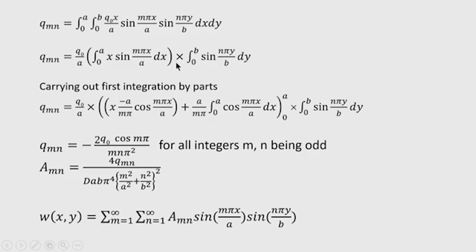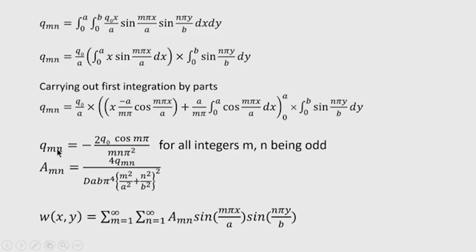So, two integrations when carried out, that integration by parts, the first integral is this, and after putting limit you will get Qmn is minus 2 q naught cos m pi divided by m n pi square for all integers m, n being odd.